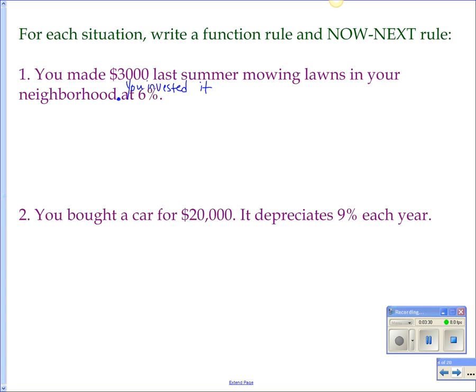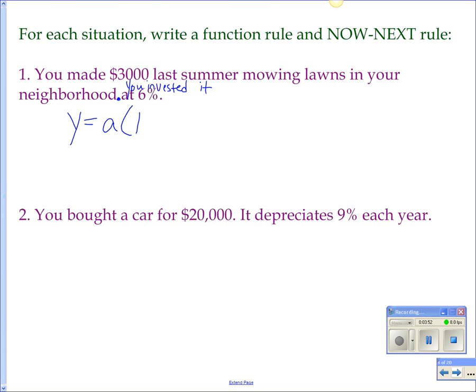Okay, so here's the first decision you have to make about the word problem. Is it linear or is it exponential? Which one is this one, linear or exponential? Why is it exponential? Because it has a percent. So now we're going to write down the exponential formula. Y equals A, parentheses 1.